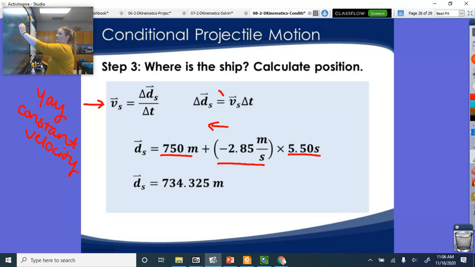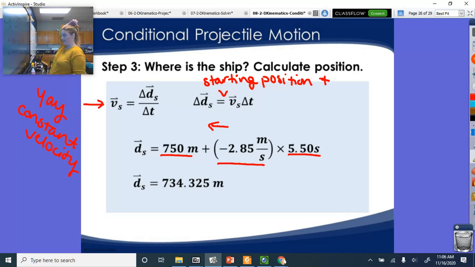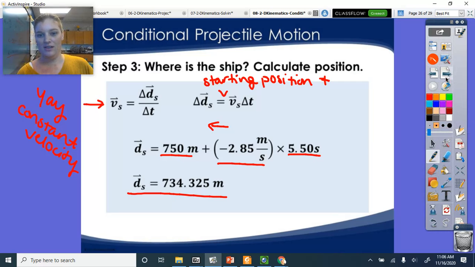So what I did here is I just snuck in my starting position. And then I added the motion into it. So after that 5.5 seconds that the cannonball was in the air, I am now at 734.325 meters away from the fortress.